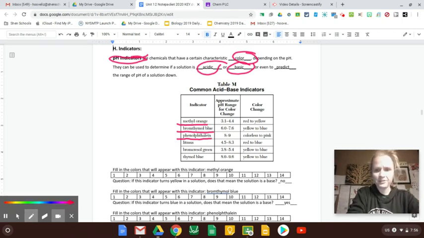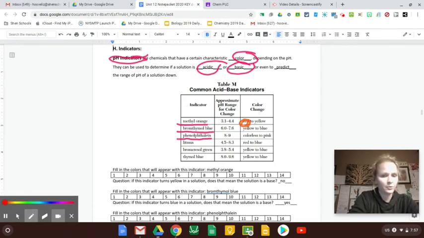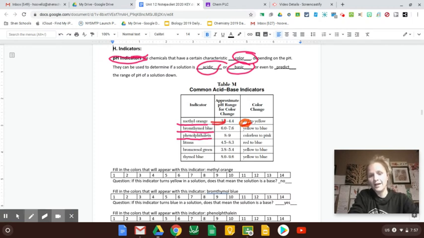And at first, I feel like this is a little bit confusing to look at. But it says from 3.1 to 4.4, it goes from red to yellow. Oops. I want that to be more red. So what that means is from 3.1 and down, that's all red.